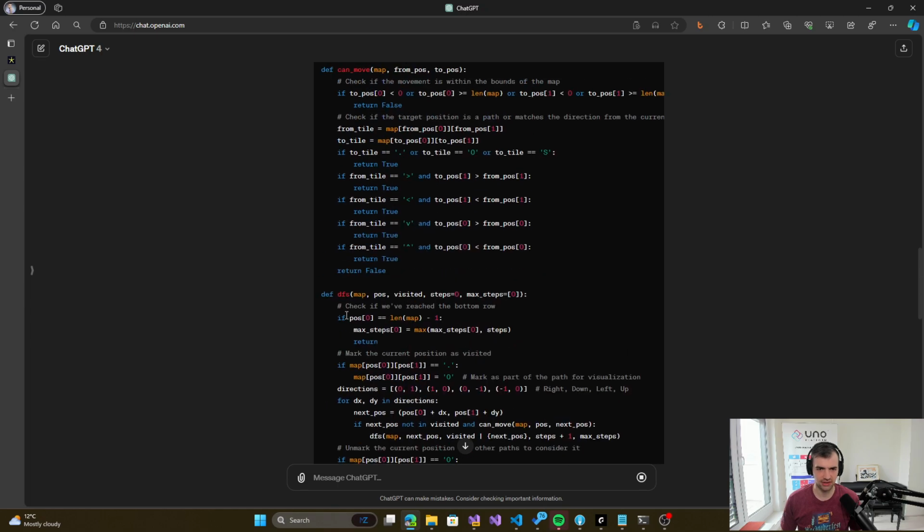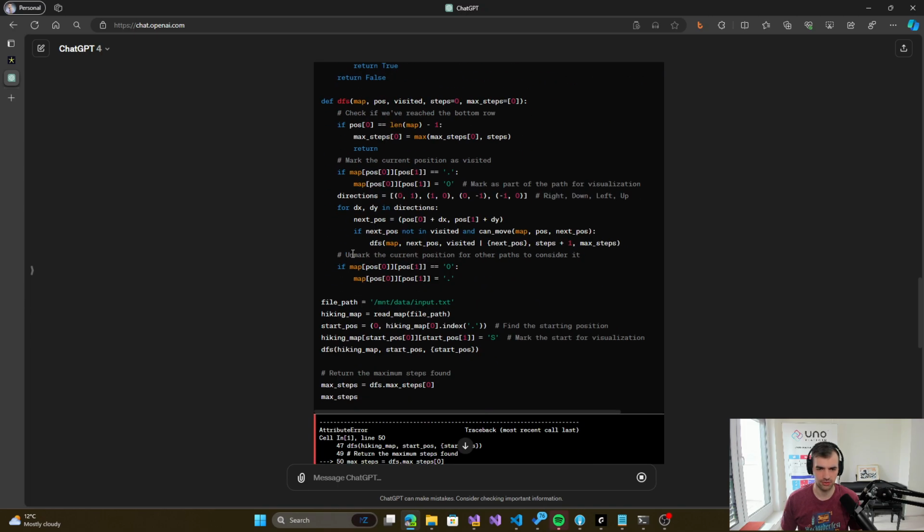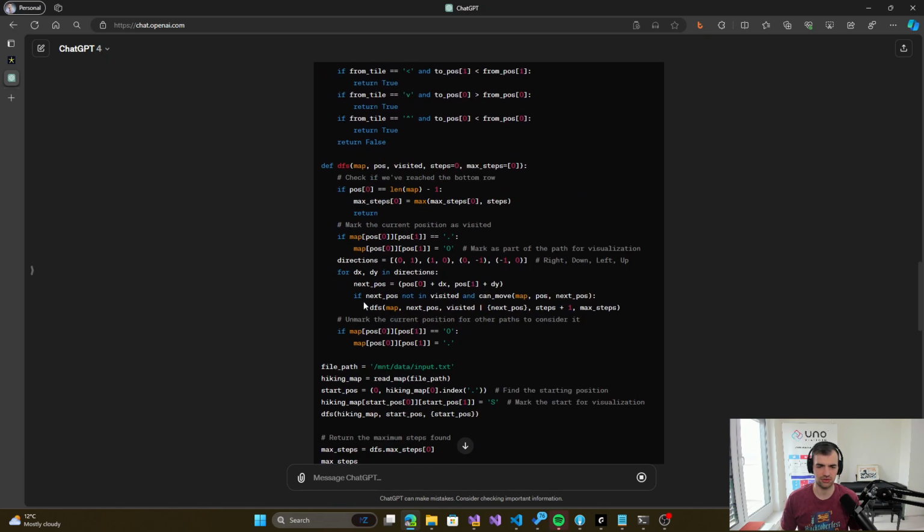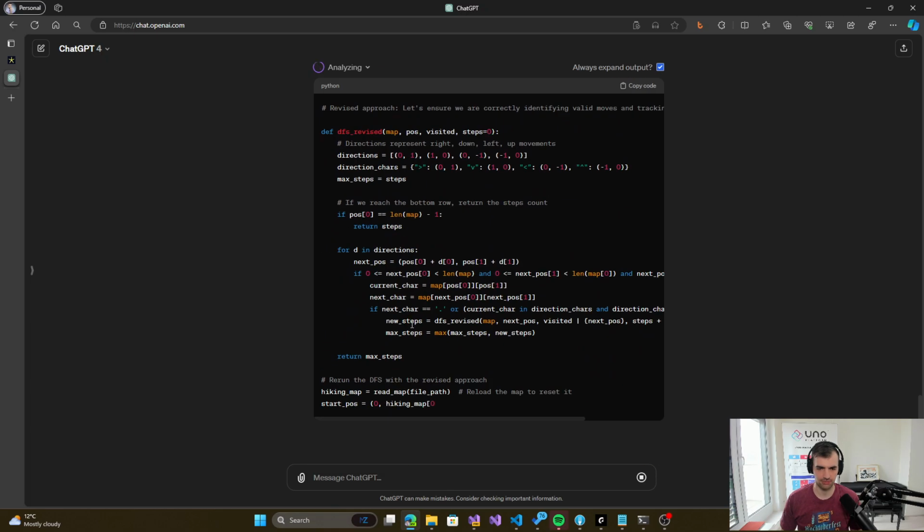I'm not seeing. Okay, so this is the can move part, but what is potentially a problem? Well, it's not currently taking into account the arrows. So maybe that could be a problem. We'll see.